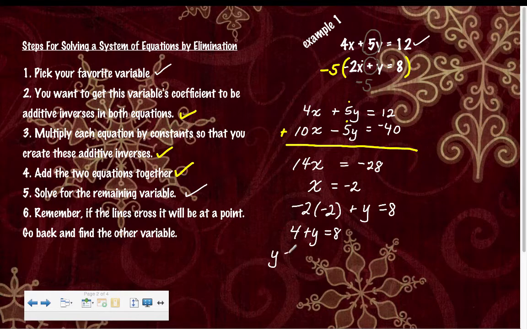So y is 4. So I'm saying that these two lines will cross at the point where x is -2 and y is 4.